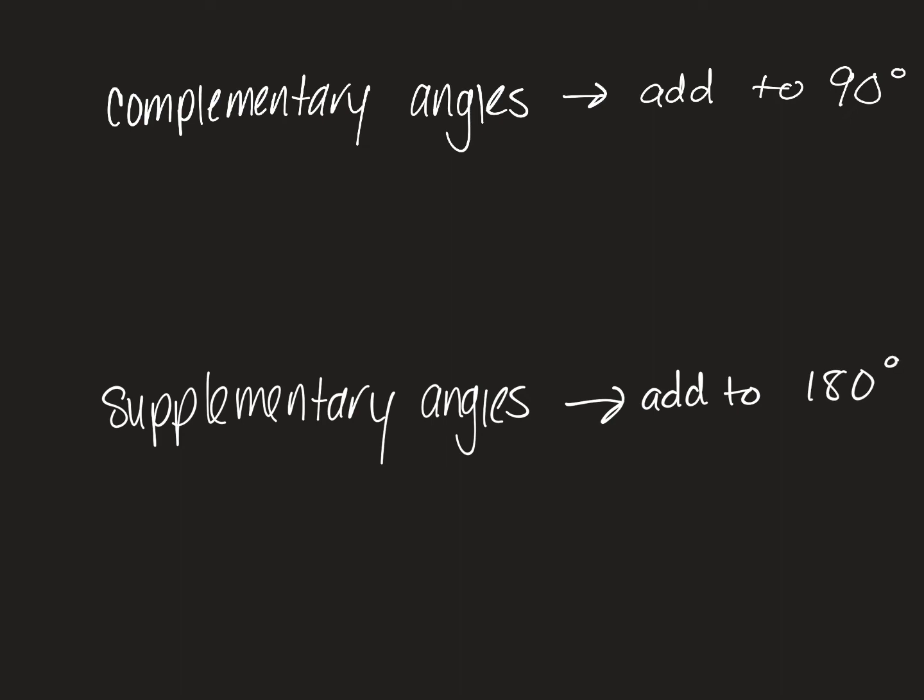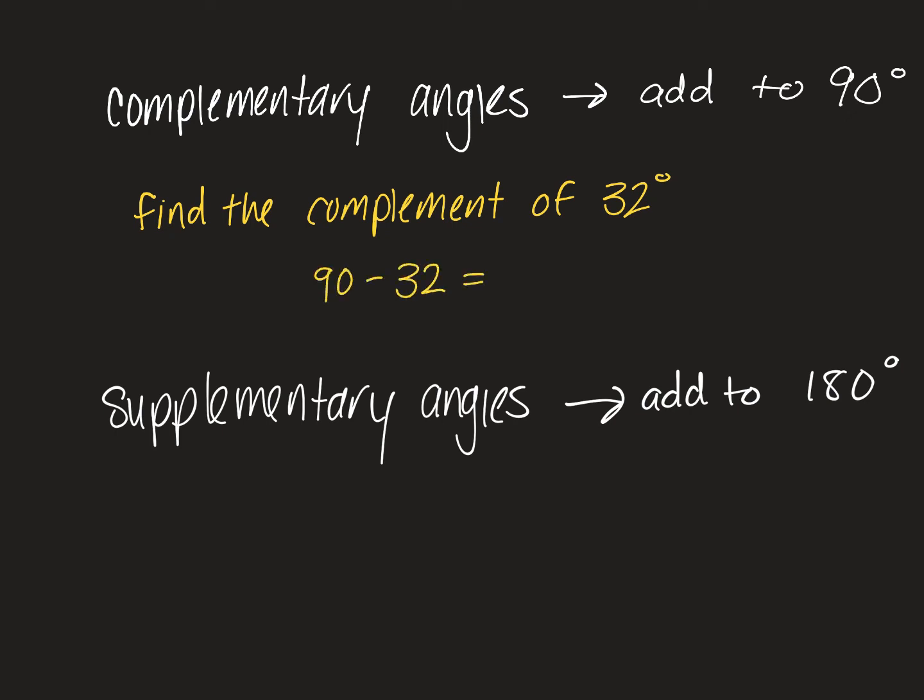So if, for example, I tell you to find the complement of something, that means you do 90 minus 32 and get what? 58. Right? So that's how you find the complement. Same idea for the supplement.